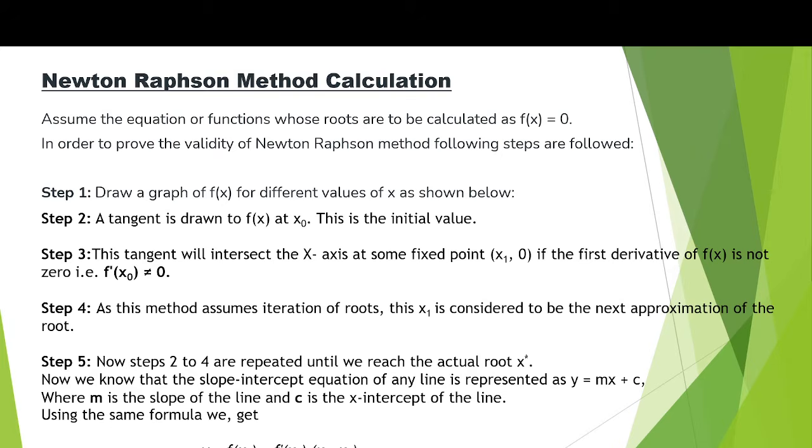Using the same formula, we get y = f(x0) + f'(x0)(x - x0), where x0 is the initial value which is given in the question, and f(x0) is the value of the function at the point x = x0. f'(x0) is the value of the first derivative of the function at the point x = x0. I hope this is clear to you.